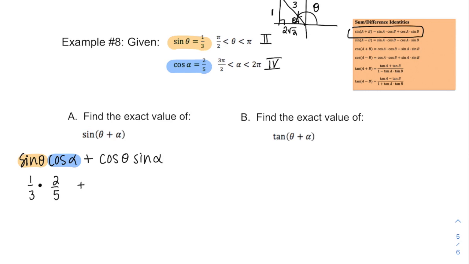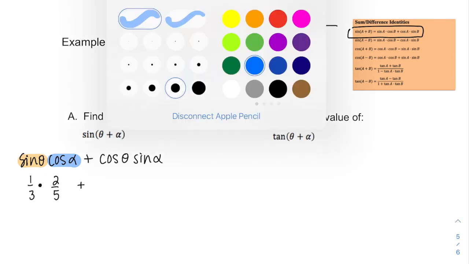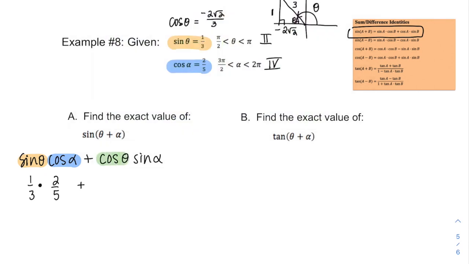And then that would be the square root of 8. So I know from that picture that the cosine of theta must be negative 2 root 2, because this is a negative direction, over 3. So where I have cosine theta right here, I know it has to be negative 2 root 2 over 3.